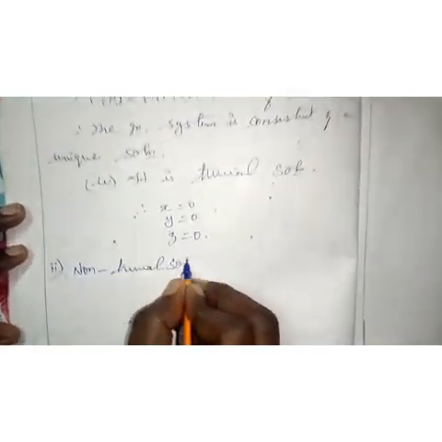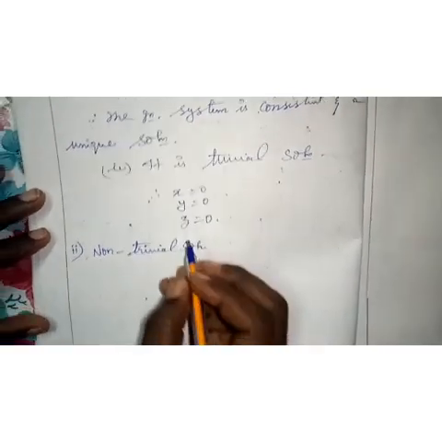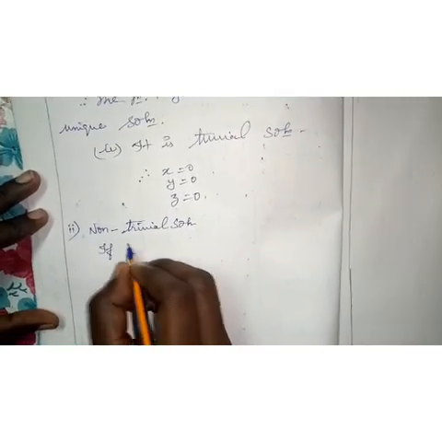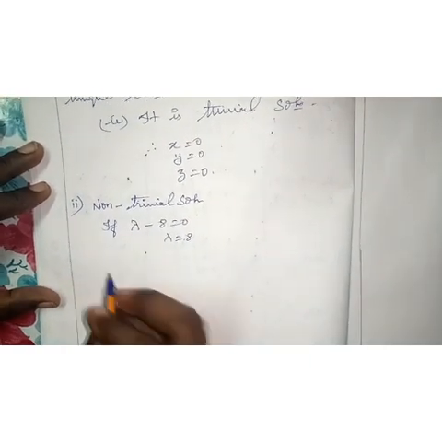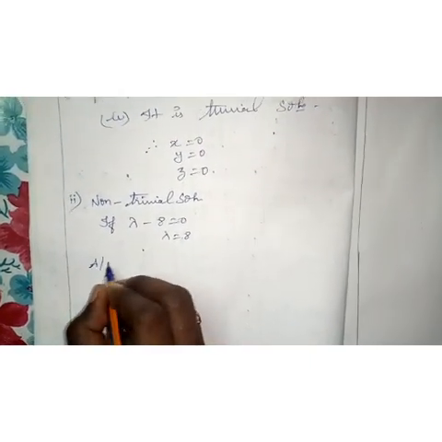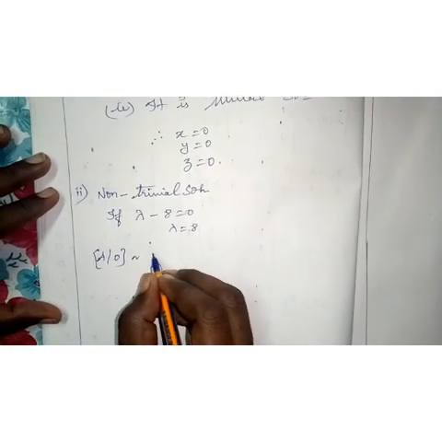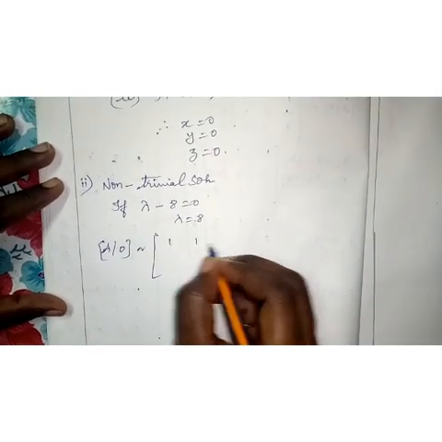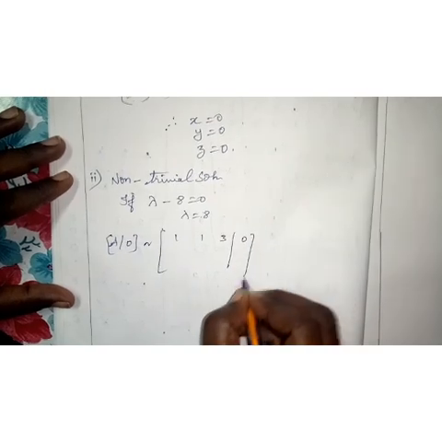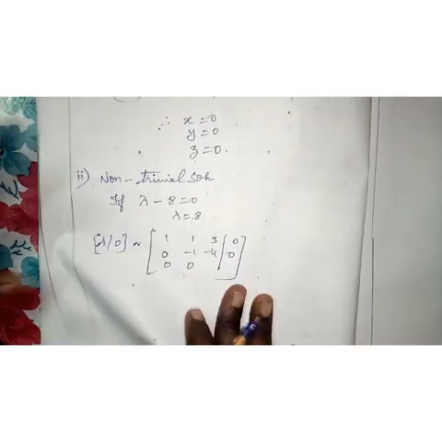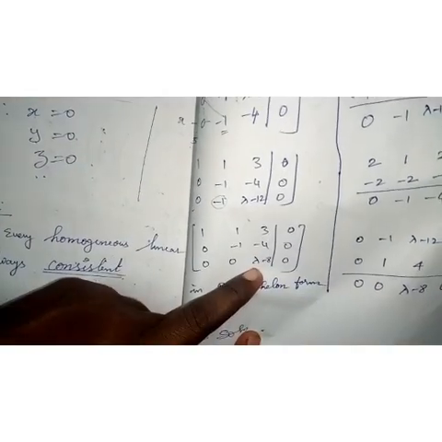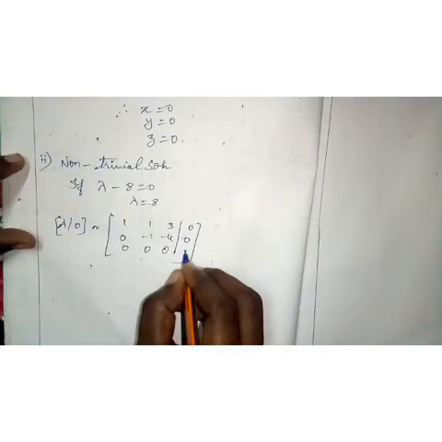Non-trivial solution. Now if exactly you get lambda minus 8 equal to 0, lambda equal to 8. Now substitute: A bar O equals first row 1 1 3 0, second row 0 minus 1 minus 4 0, third row here you put 8, 8 minus 8 is 0 0 0.